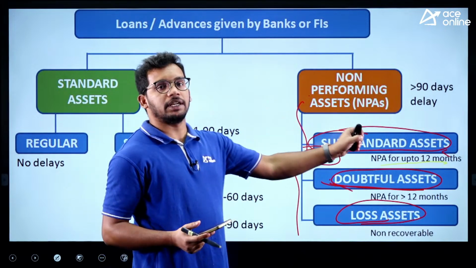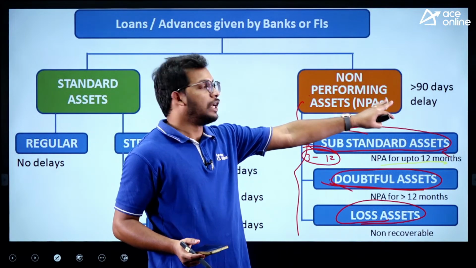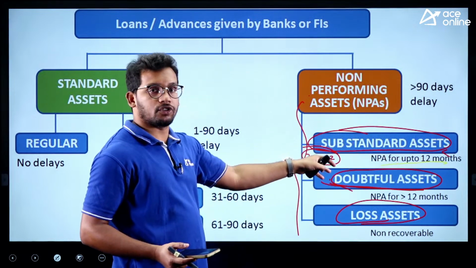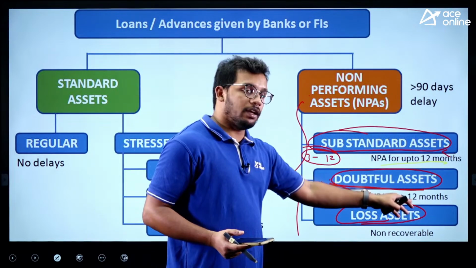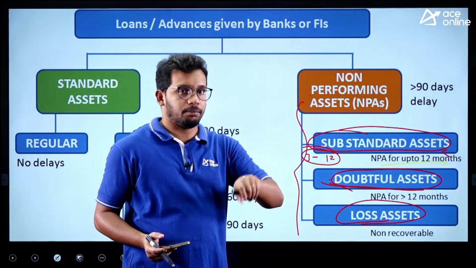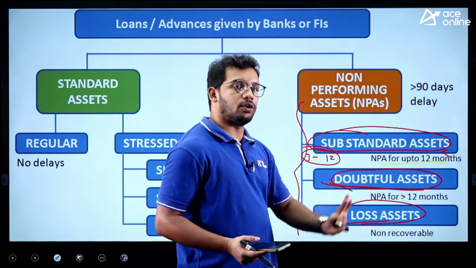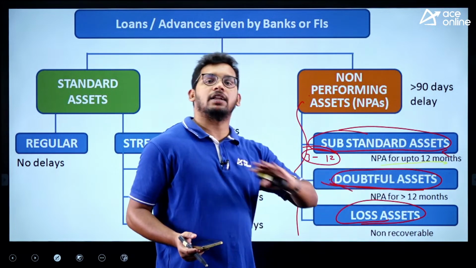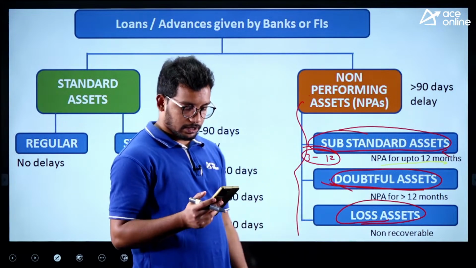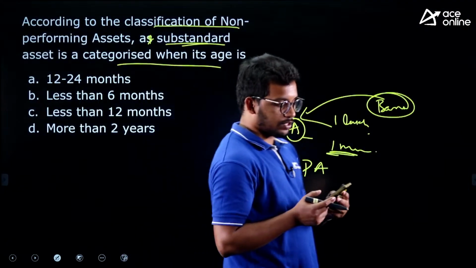For the first 3 months, if the person does not pay, that is called a non-performing asset. Until 1 year, it is called a substandard asset. If it is more than 1 year and the bank doubts that he may or may not pay, that is called a doubtful asset. If they declare that he is not going to pay, that is called a loss asset, right? Now tell me the answer for this question.